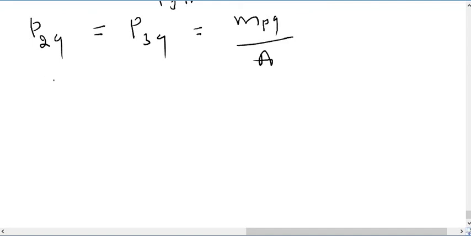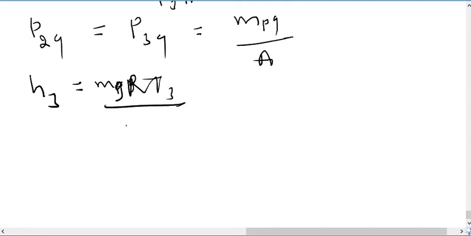So comparing those terms, we get H3 is mRT3 all over the mass of the piston times gravity.